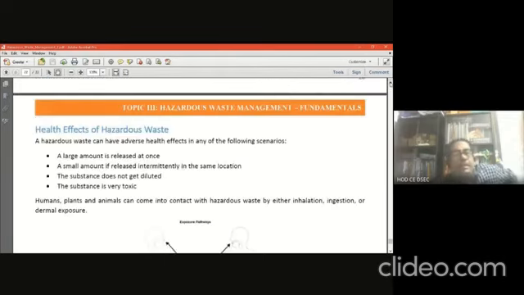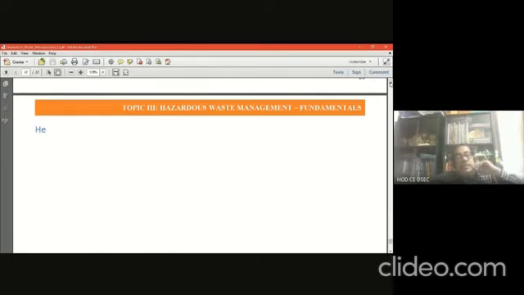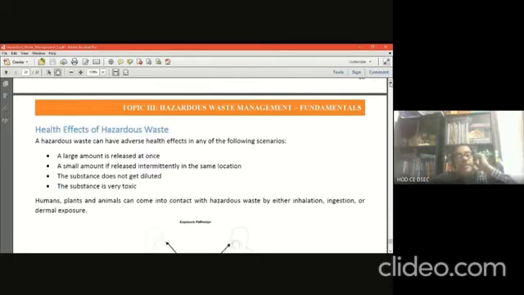Finally, health effects of hazardous waste. A hazardous waste can have adverse health effects in any of the following scenarios. Either a large amount is released at once, or a small amount is released intermittently in the same location, which is also equally dangerous, because if the small amount is released intermittently in the same place, then that will affect our health.